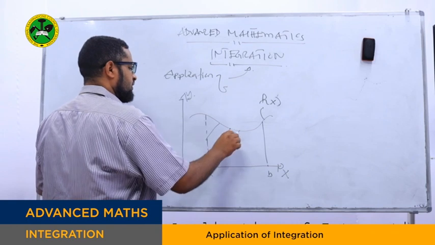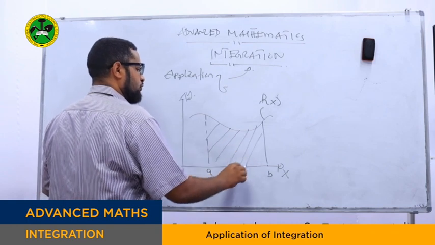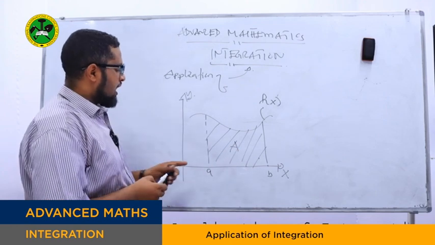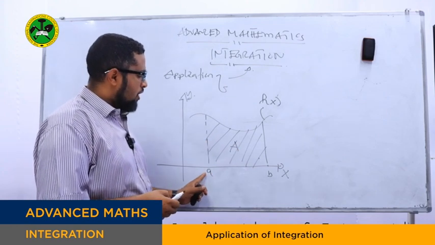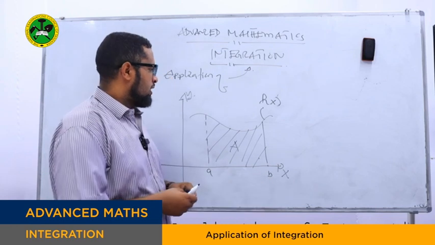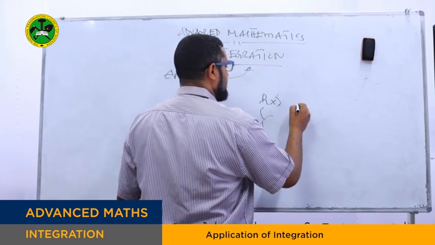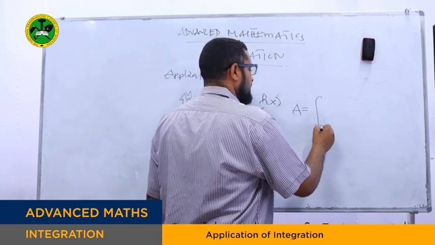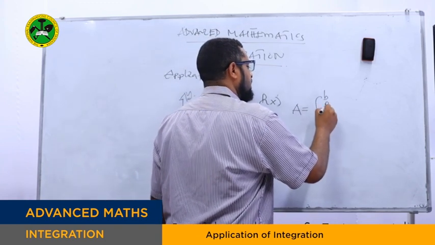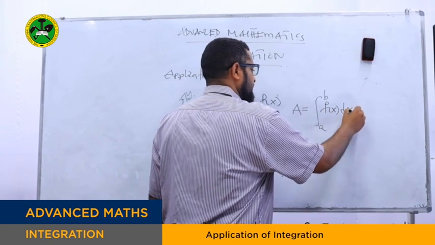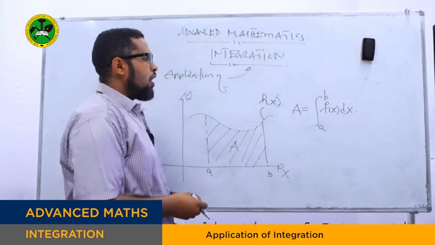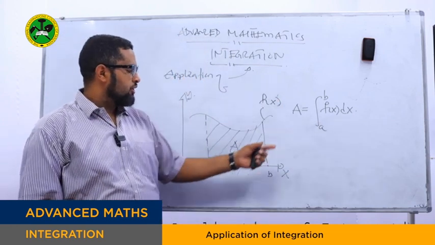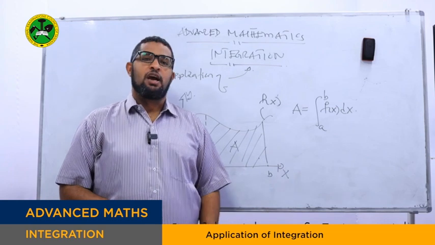This is the area that you are supposed to calculate. The formula for finding area in that case is given by the integral from a to b of f of x dx. Why are we writing the dx? Because the graph of the curve is drawn with respect to the x-axis.